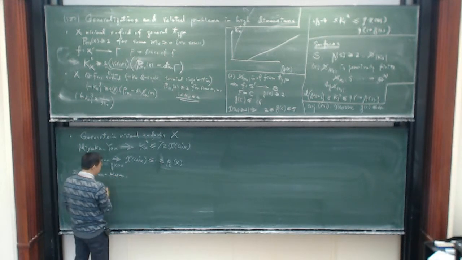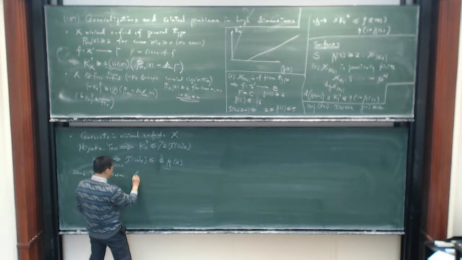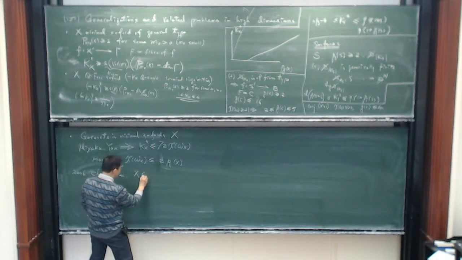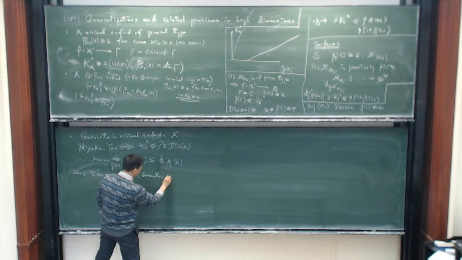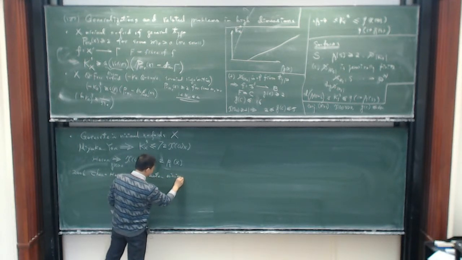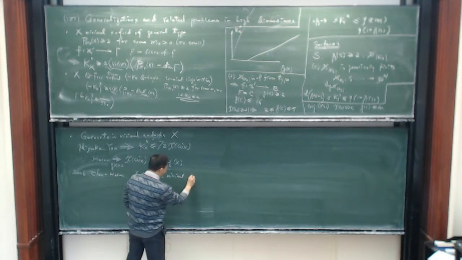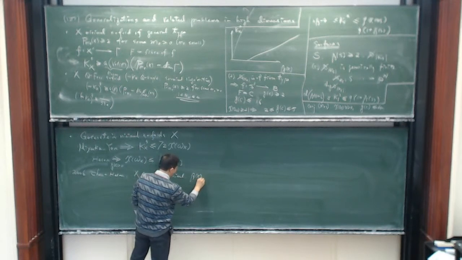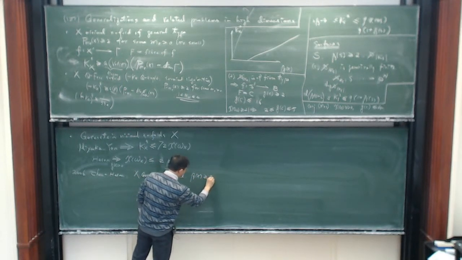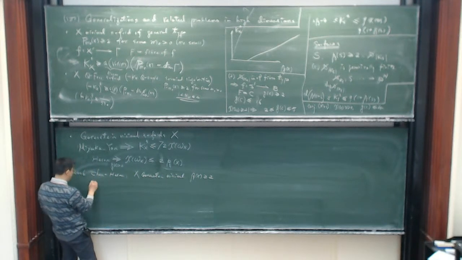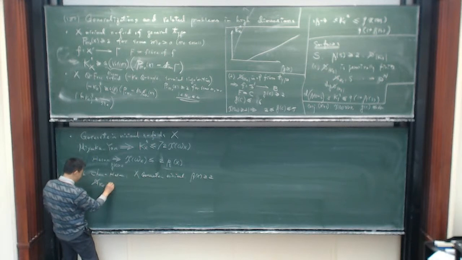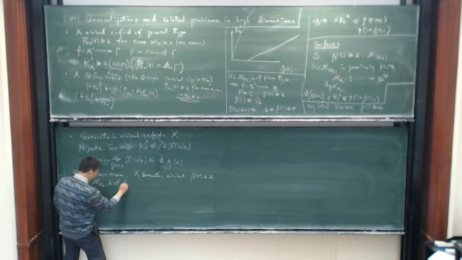So we have such a theorem. Suppose X is a Gorenstein minimal threefold, and p_g of X is at least 2, and we assume that phi_{K_X} is of fiber type.